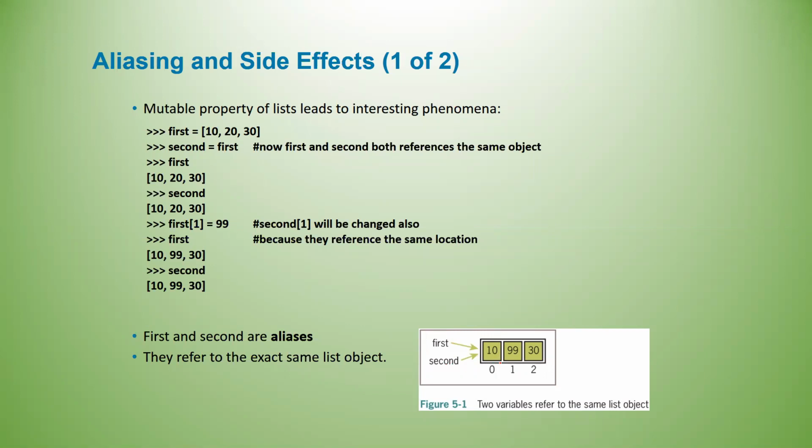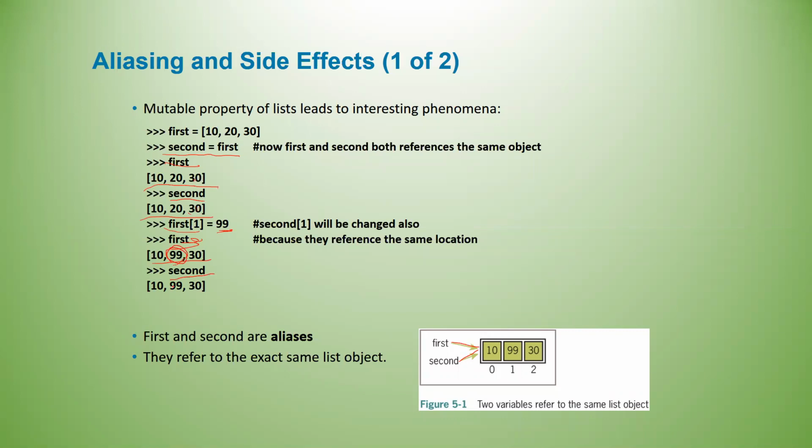You are not creating another list. You are just pointing to the same address. So when you do first, it shows you this. When you do second, it shows you this also. These are not 2 separate lists. They are the same list in the same location. Just now it has 2 names. And if you change first sub 1 equals 99 and print it out, this element is changed.